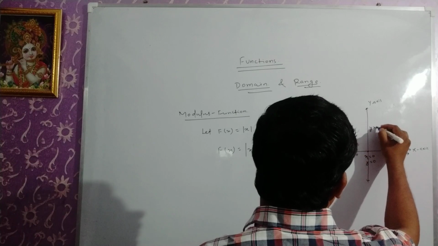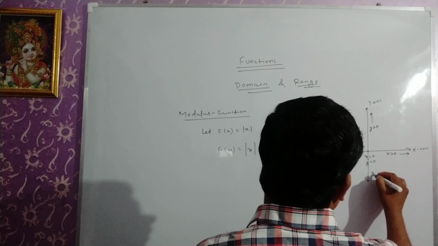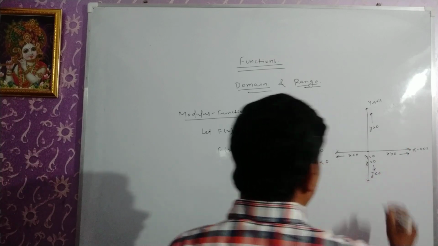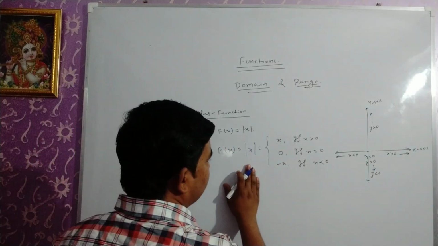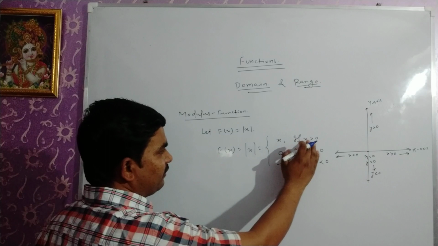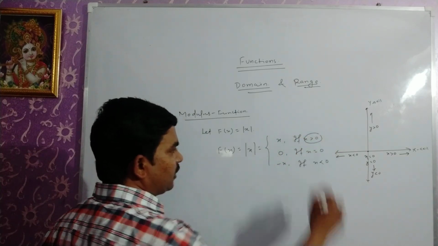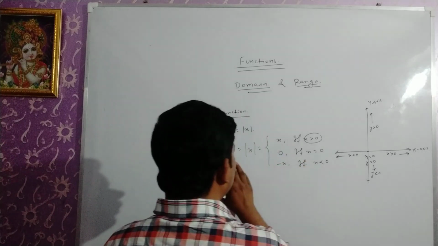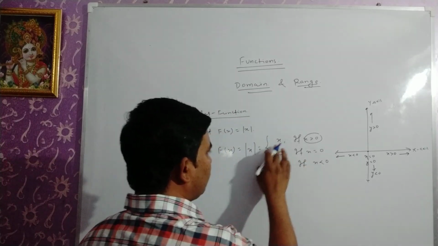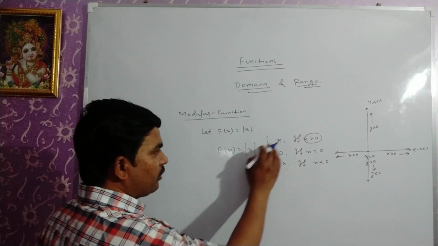It is y greater than 0, and this is y less than 0. Now according to the problem, f(x) equals mod x, and it is equal to plus x if x is positive. X greater than 0 means x is positive. So we write f(x) equal to x, or y equal to x.